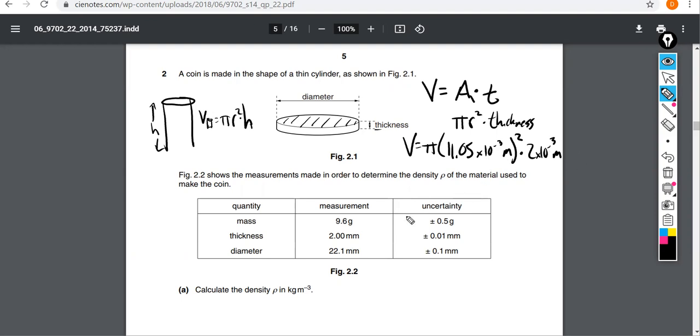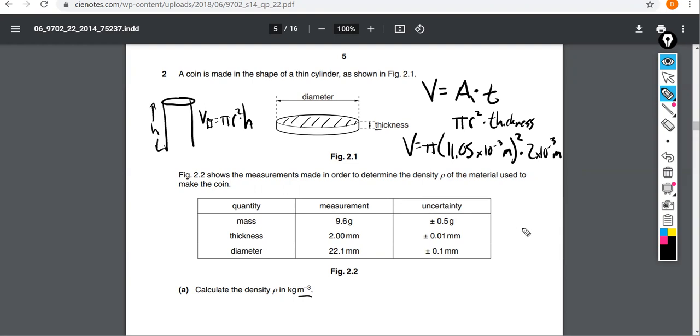I've already dealt with the fact that I'm given the diameter and not the radius, so I cut that in half. Half of 22.1 is 11.05. And milli is the same thing as 10 to the negative 3, and I've squared that because it's pi r squared. I've also converted the third dimension from millimeters into meters, so now I'll have the volume in cubic meters. That's what I want the volume to be in.